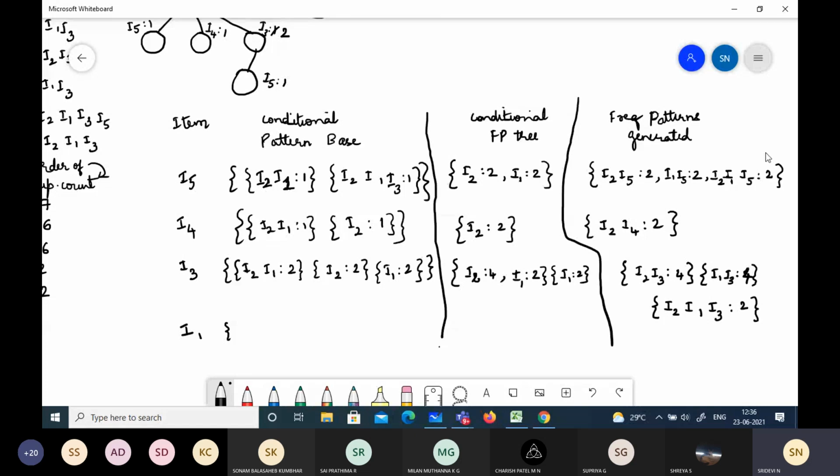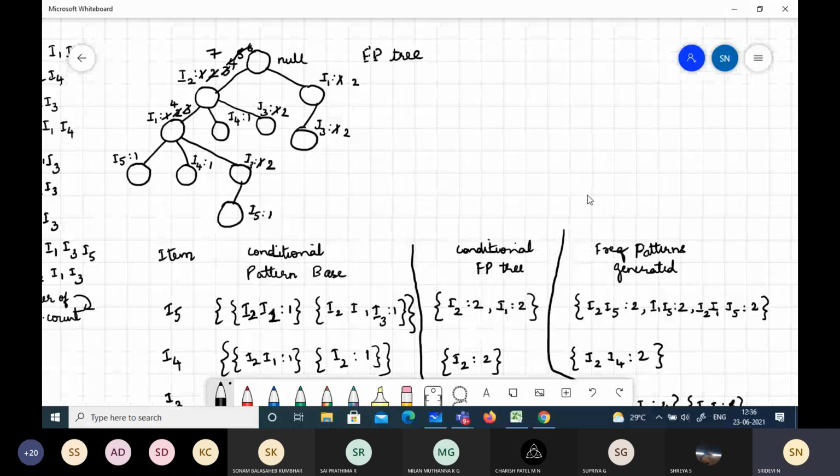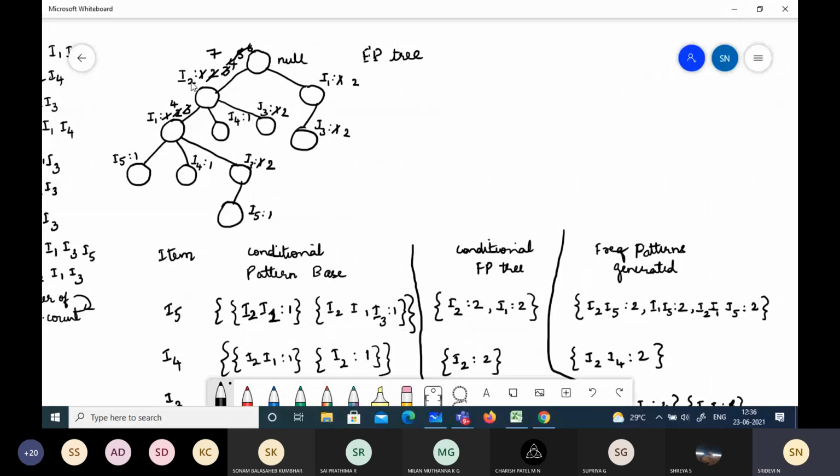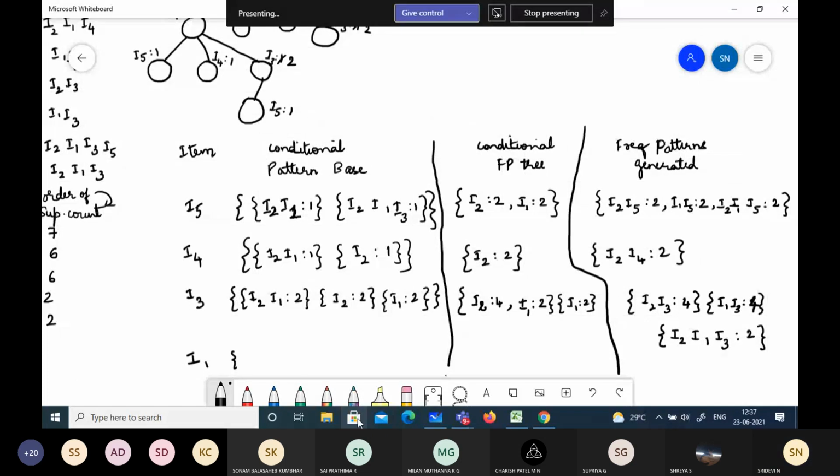Yes. For this I1, we have I2 and here the count is 4 for I1. So we have I2 and the count is 4, isn't it?